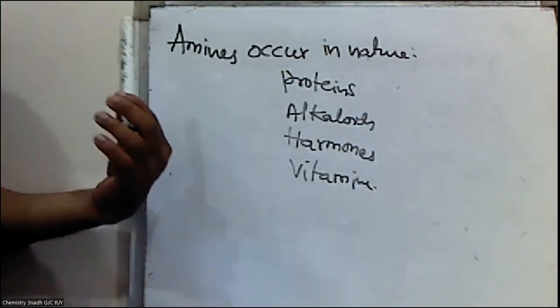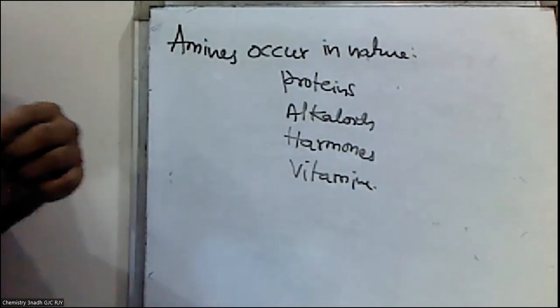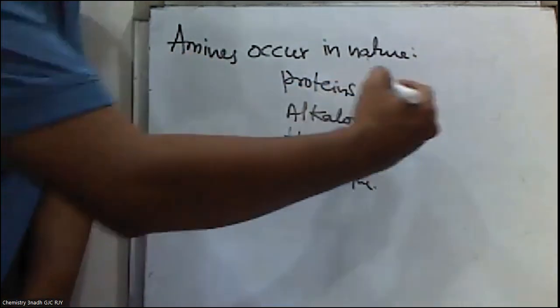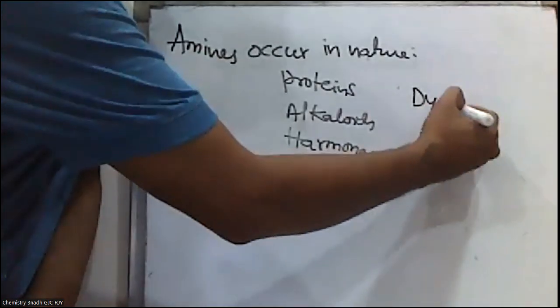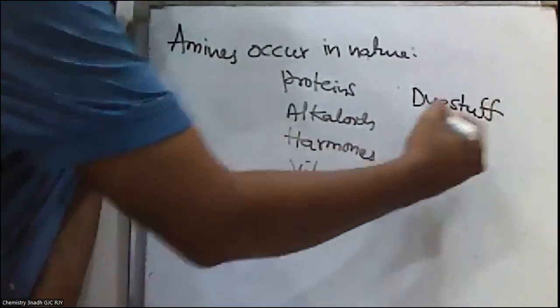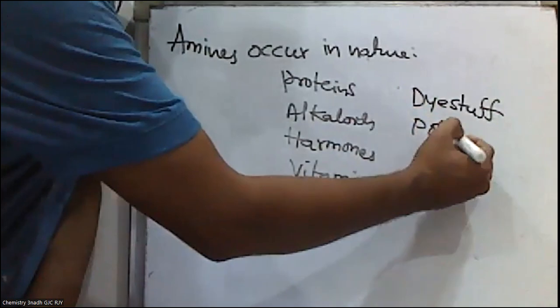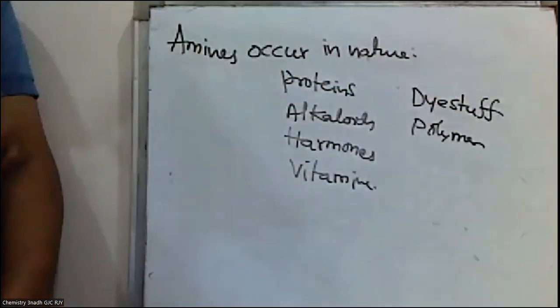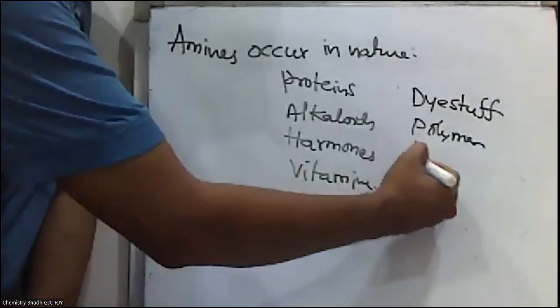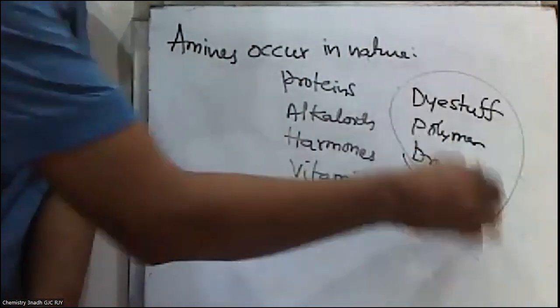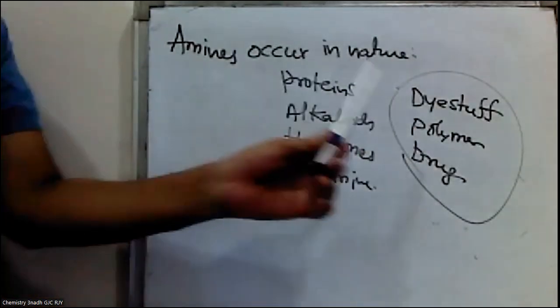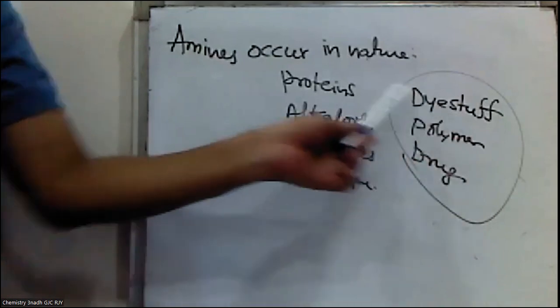Similarly, synthetic examples of organic compounds containing nitrogen are dyestuffs, some of the polymers containing nitrogen, and drugs.